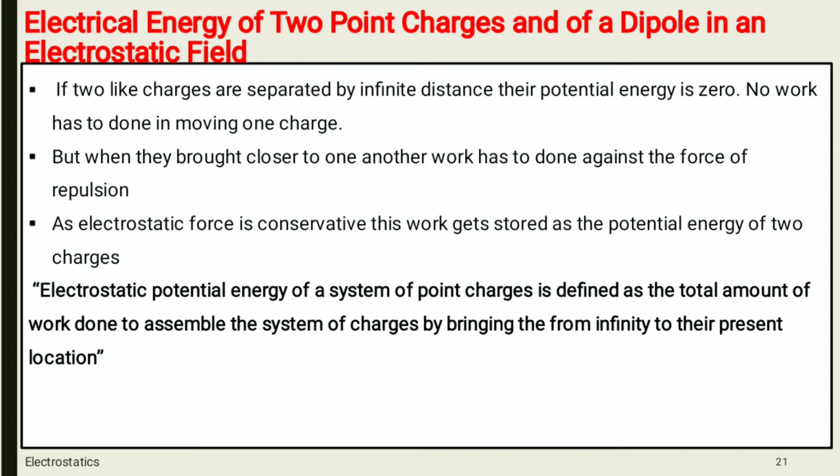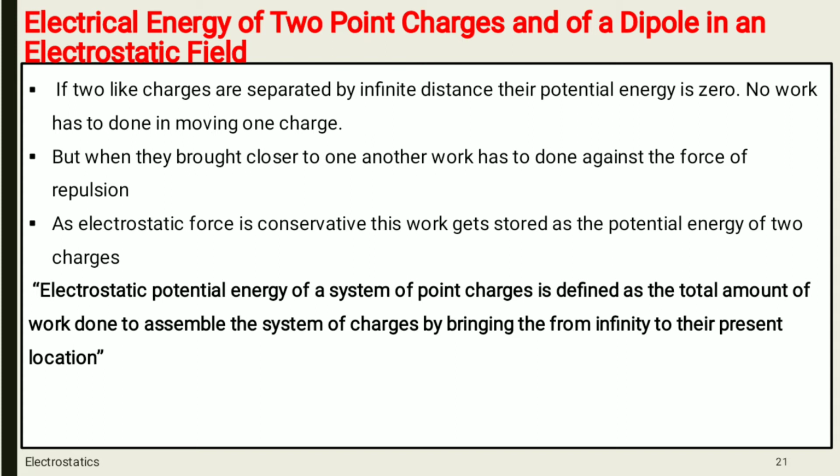Okay, these points which we will discuss right now, we have discussed before also. What are those points? If two like charges are separated by infinite distance, their potential energy is 0. This you have studied and we have discussed before also.